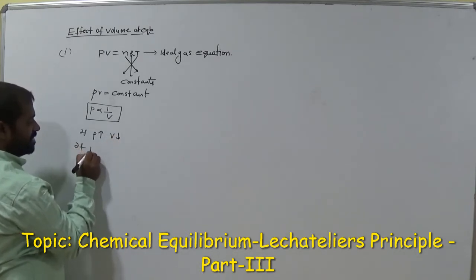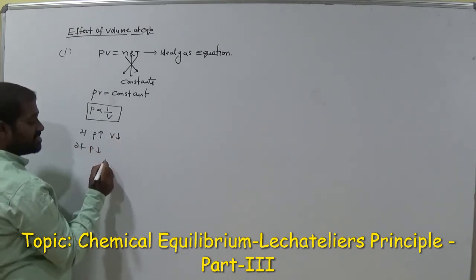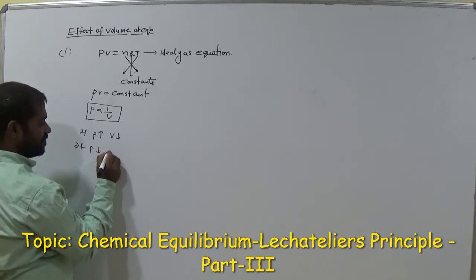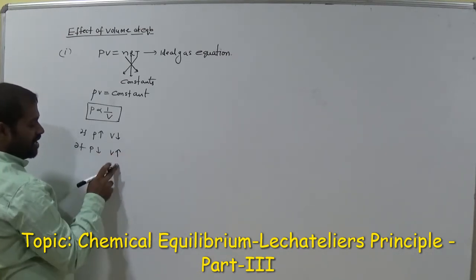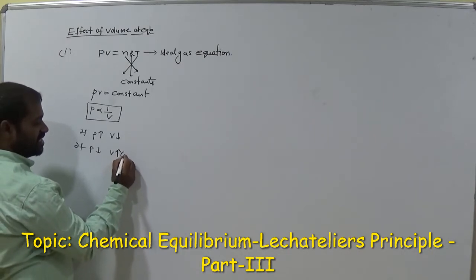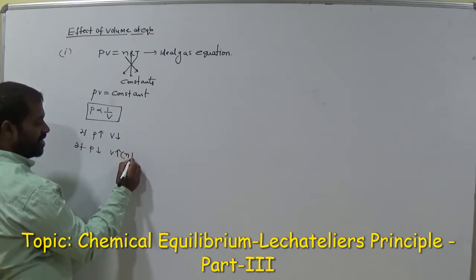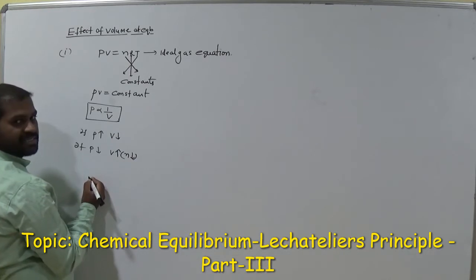If pressure is low, that means volume is high. Volume is high means the number of moles per unit volume decreases.